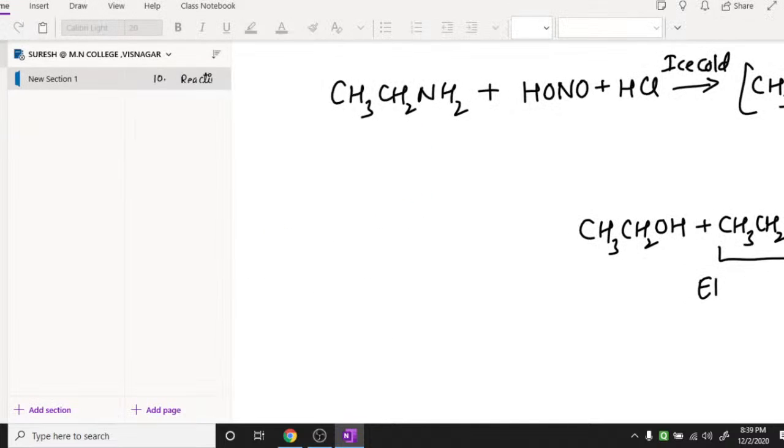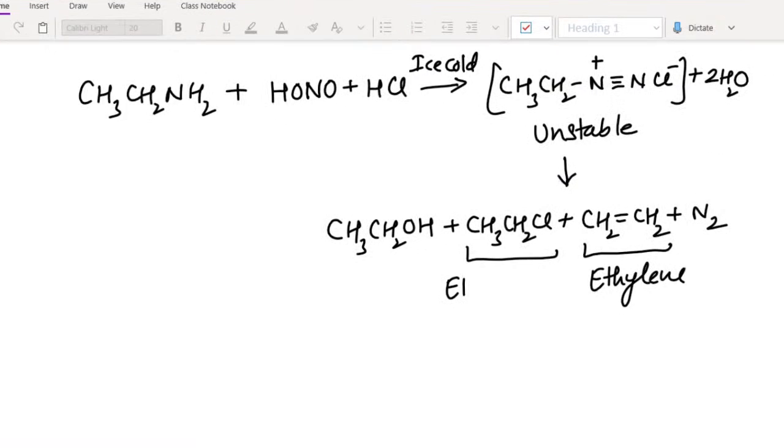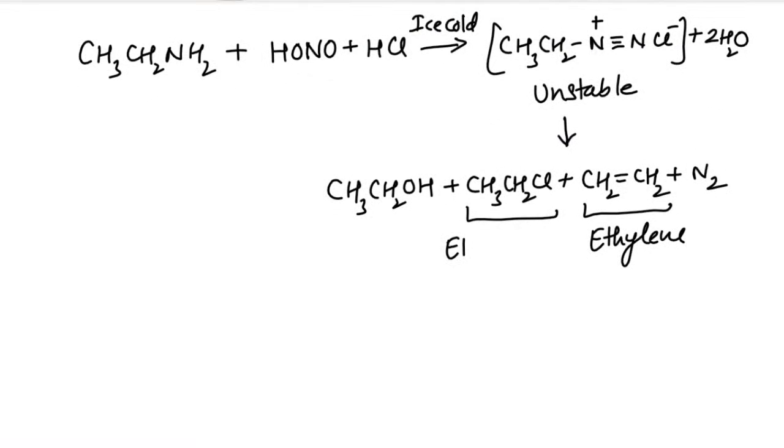A cold solution is used because if we don't have a cold solution, then N2 is a highly stable product, so it can break away easily and we get N2 gas as the main product. That's why we use ice cold solution.